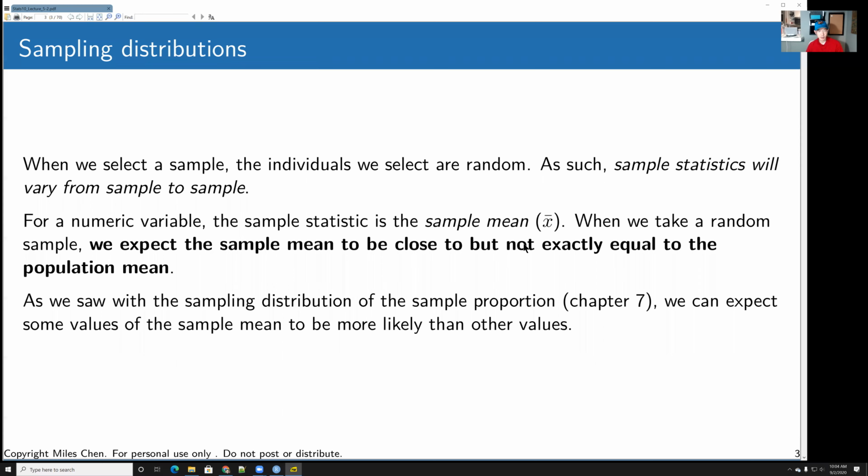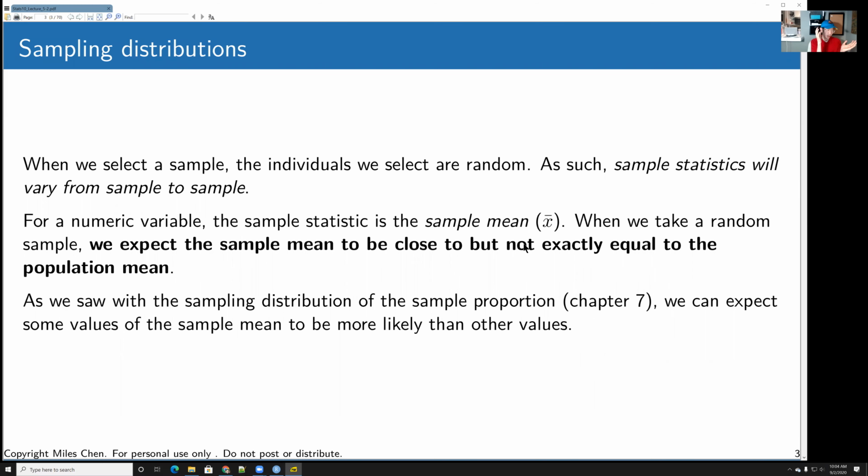All right, so an important idea is the sampling distribution. The idea behind a sampling distribution is that whenever we select a sample, the people that we select to be part of our sample are randomly selected. So when you calculate a statistic based on a sample, your sample statistic is going to vary from one sample to another.